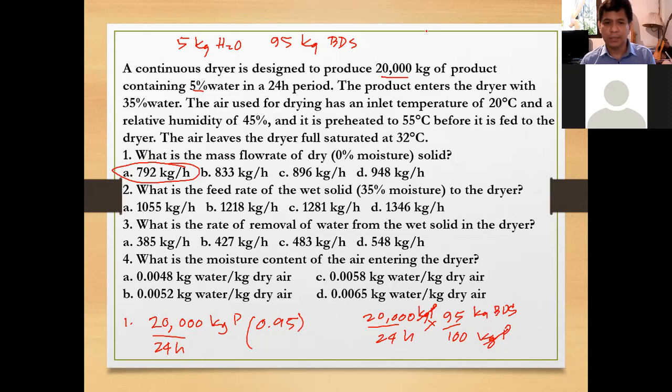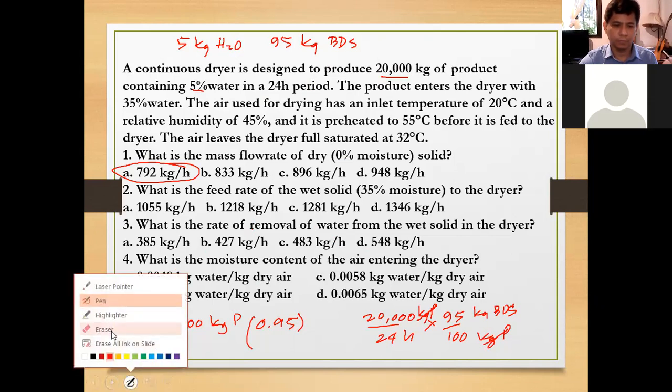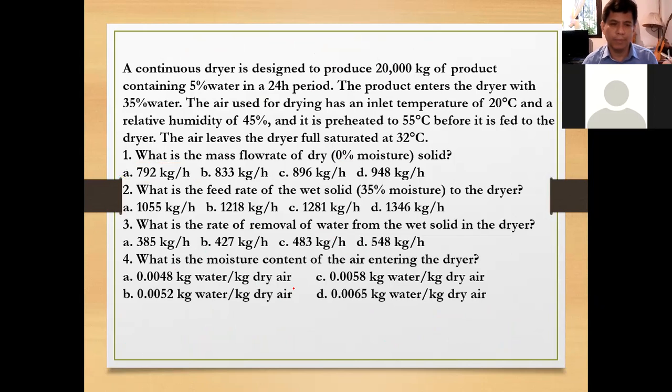So, we're going to use the bone dry solid to calculate the feed rate of the wet solid, the raw material. Okay, so gagamitin natin yung 792 kg per hour. I'm trying to solve number 2.